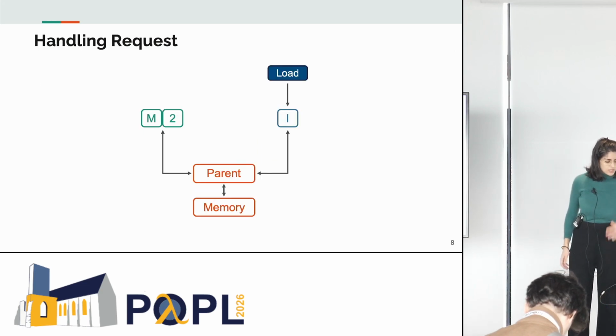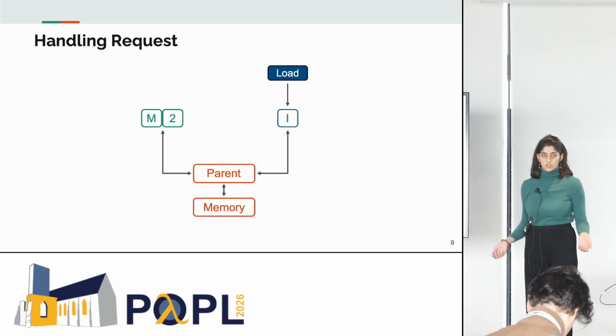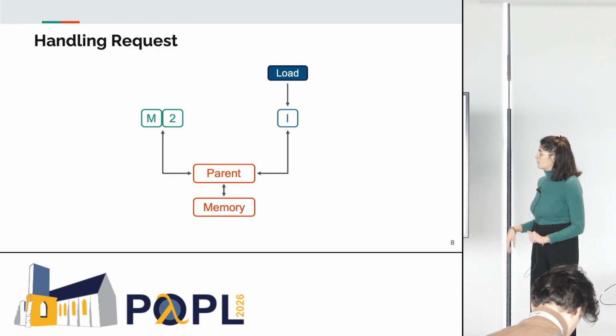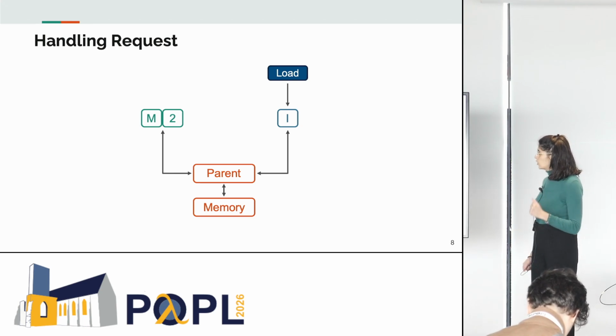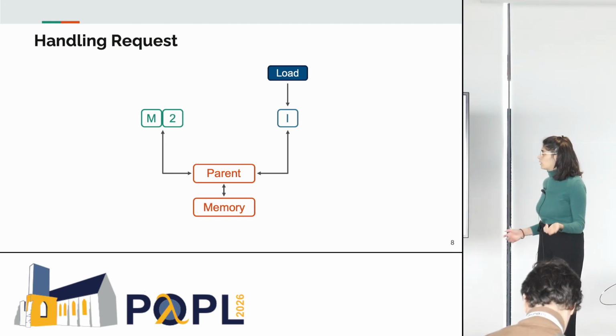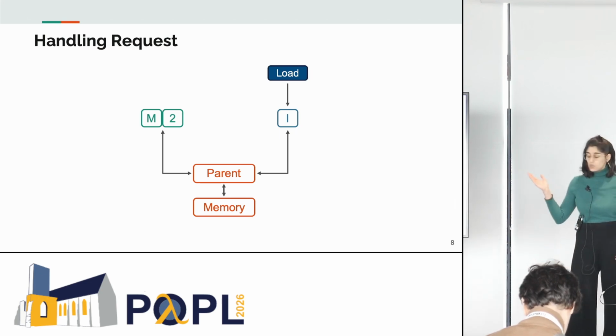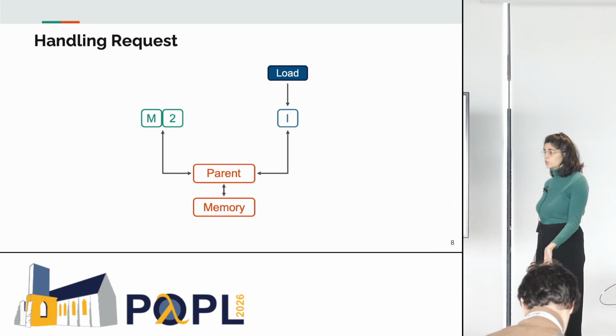So let's analyze an example to give you an intuition of how this works. In this case, we have just one cache line, so we don't care about the address, and we have the green cache that is in a modified state with the value 2, and the blue cache that is in an invalid state, and we don't care about the value in this case. So the blue cache wants to perform a load operation.